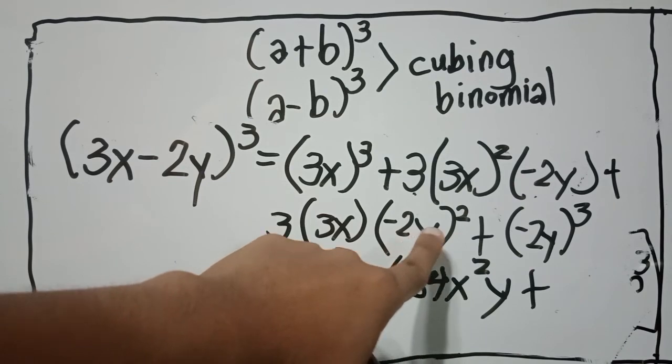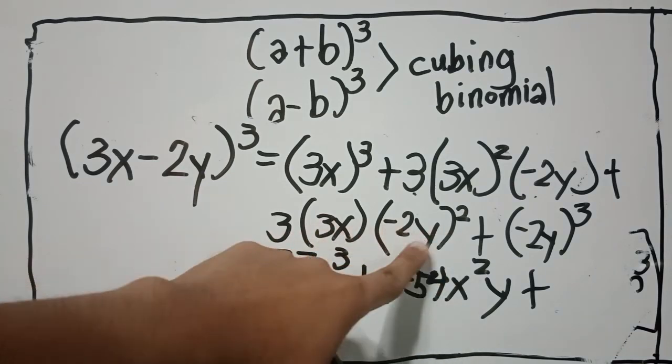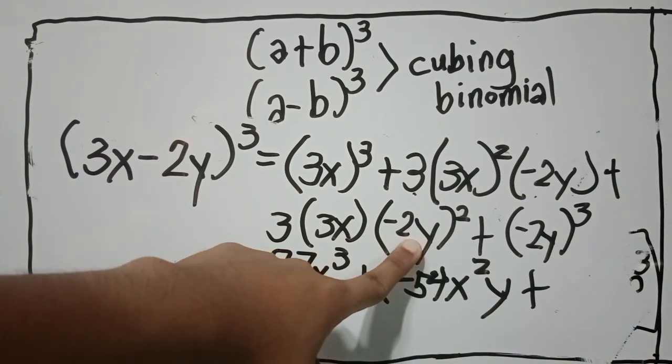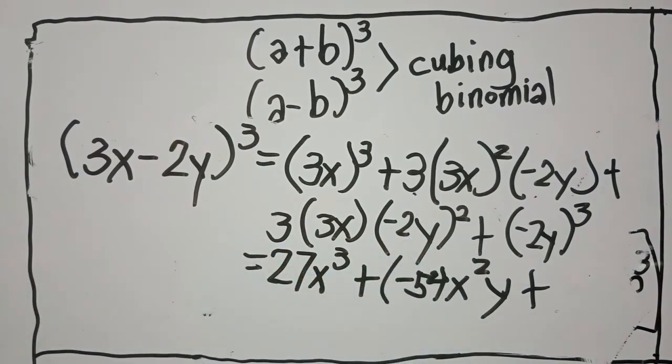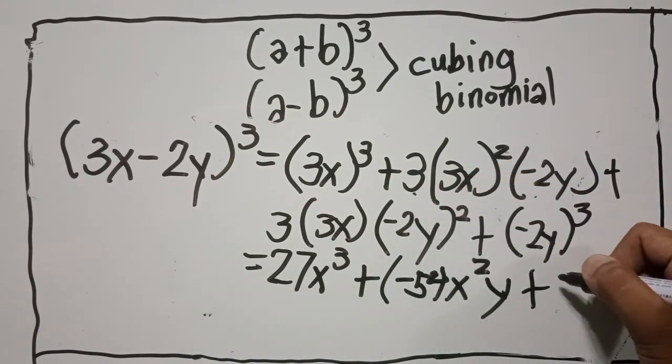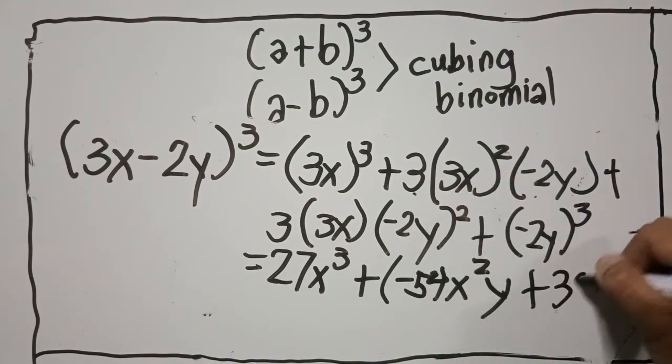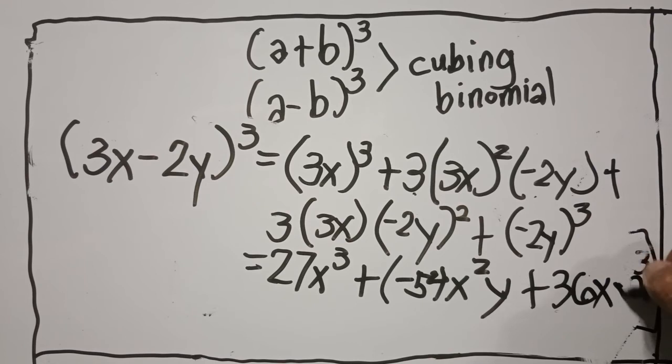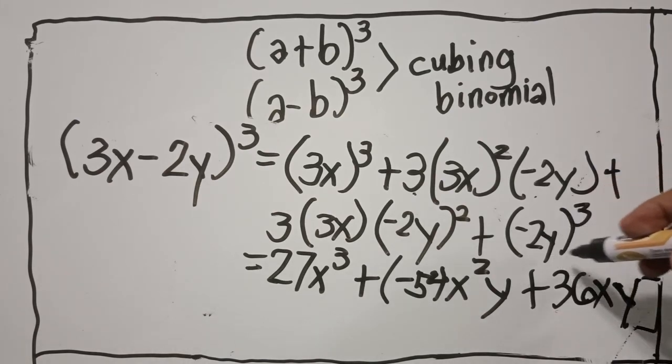So that's 9x times 4y squared. 9 times 4 is 36, then times xy squared. So that's 36xy squared. Then finally, we add the cube of negative 2y.